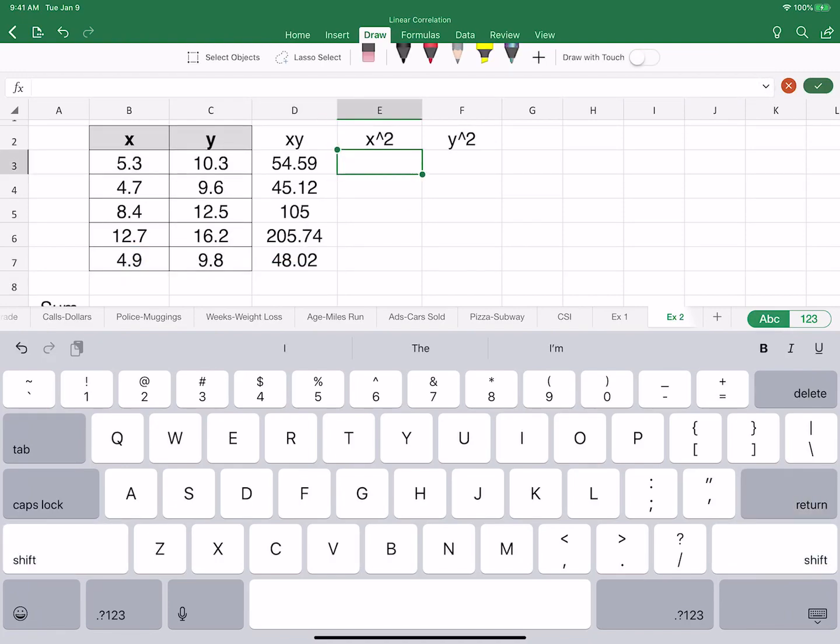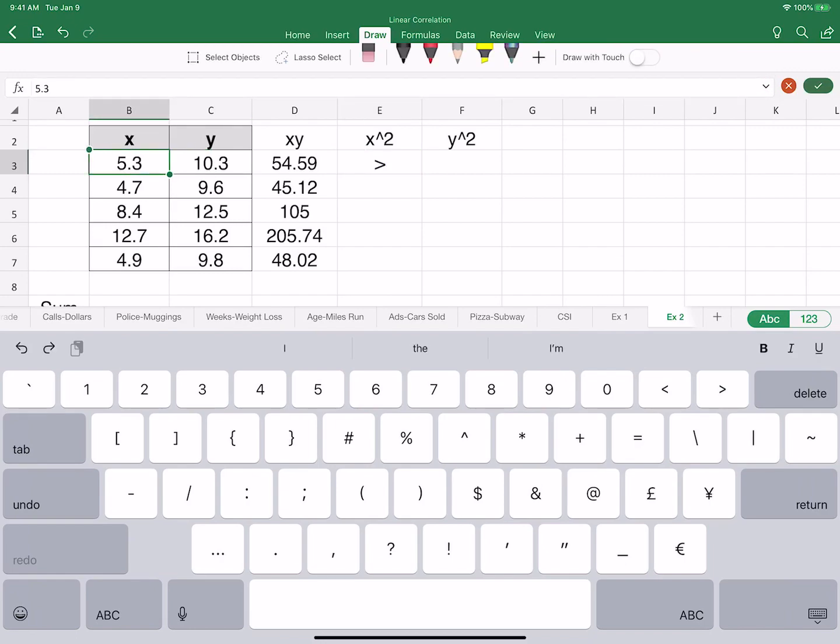All right, now we do what here? Do the x variable.